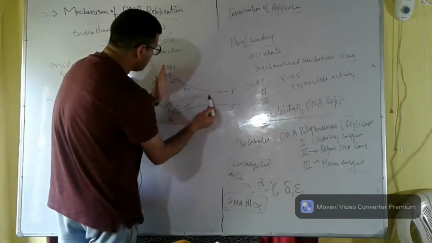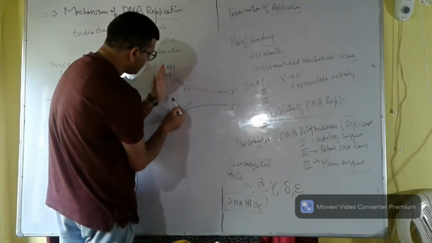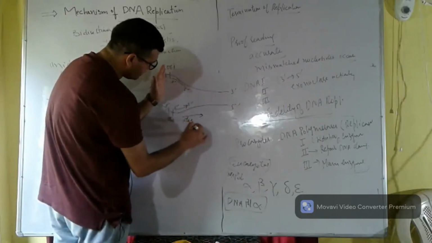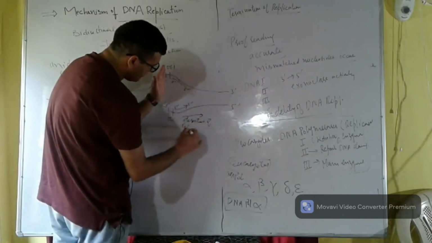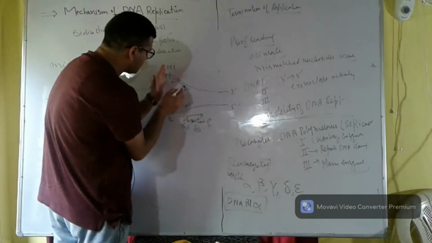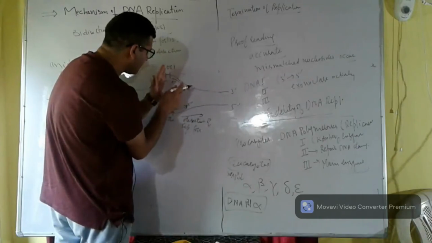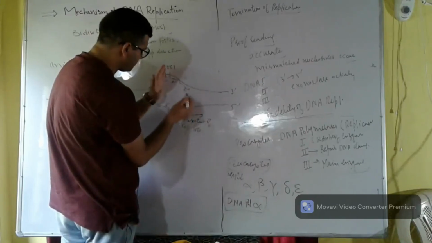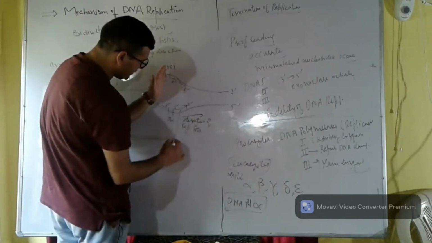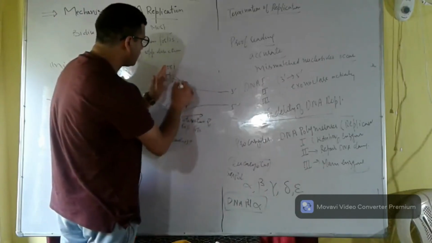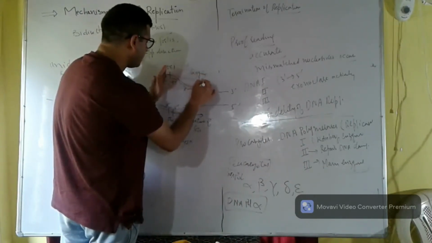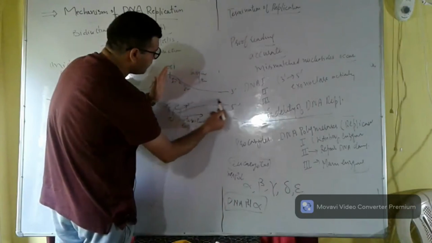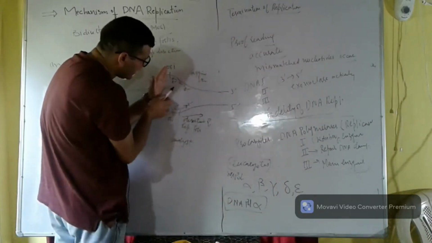This is called the leading strand. The other strand is synthesized in 5' to 3' direction but in fragments, and this is the lagging strand, opposite to the direction of the replication fork.